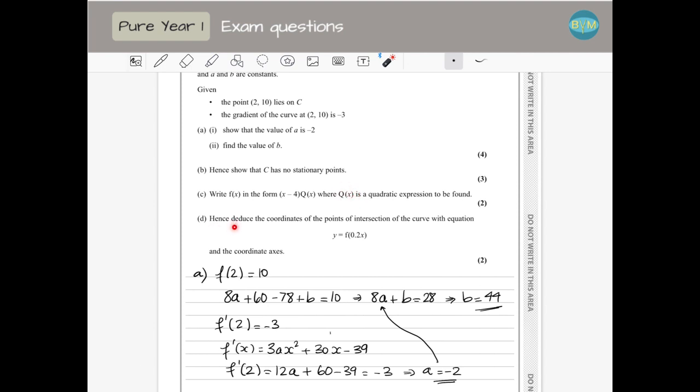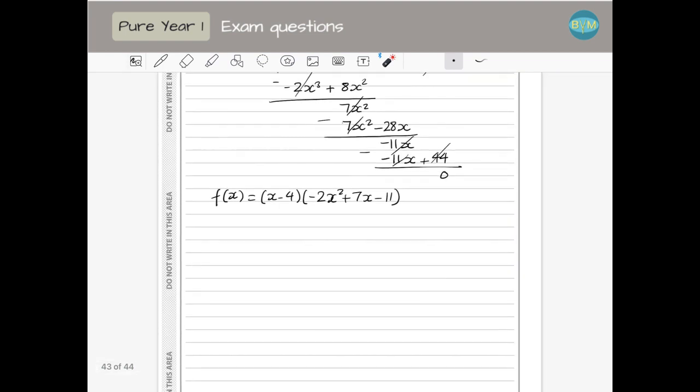Hence, deduce the coordinates of the points of intersection of the curve with equation y = f(0.2x) with the coordinate axes. So if you try to solve this quadratic equation, you will see that it has no real solutions. Which means my cubic only has one real solution.